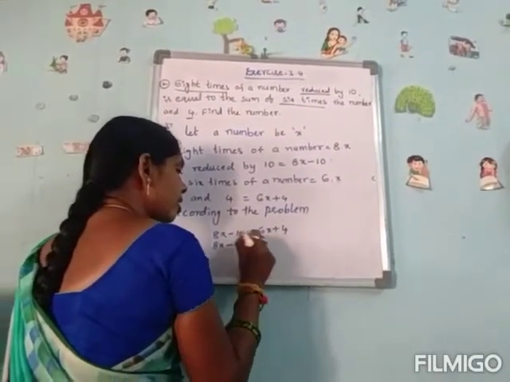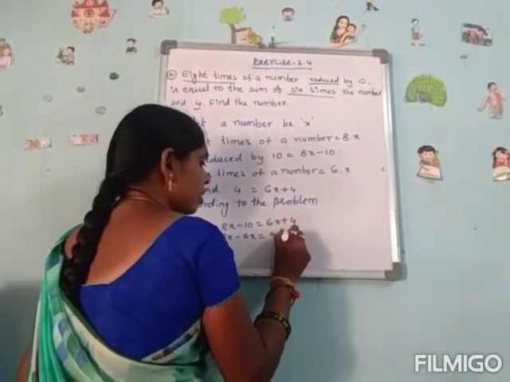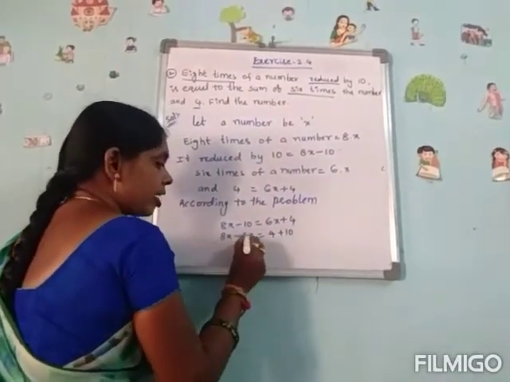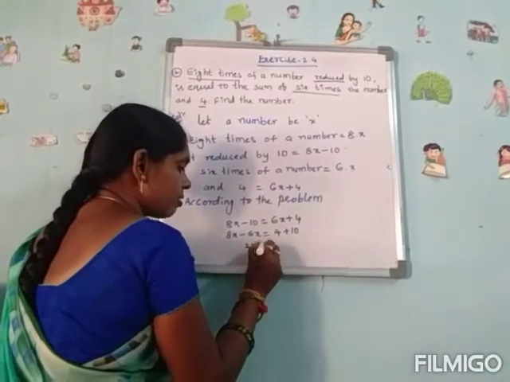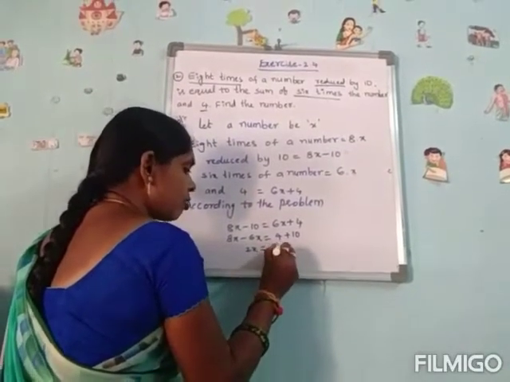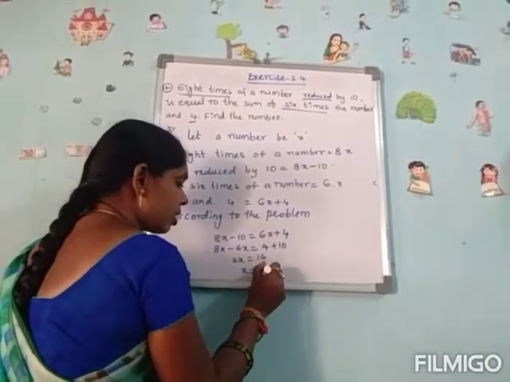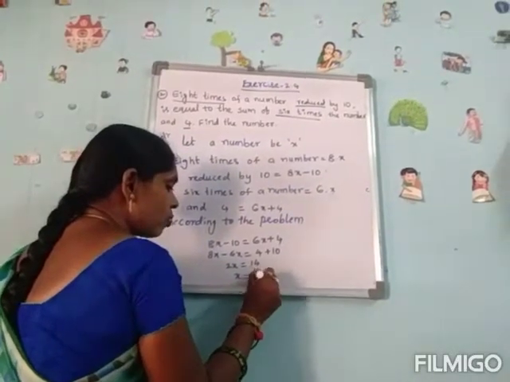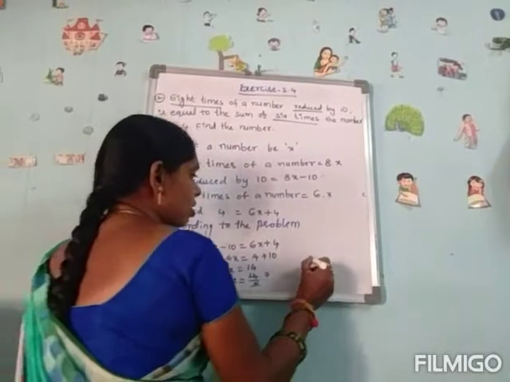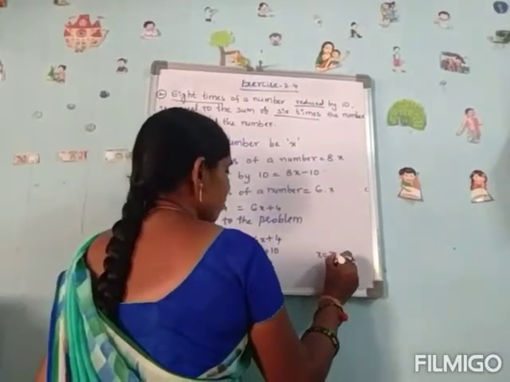Take the constant to the right hand side: minus 10, by transposing, becomes plus 10. So 8x minus 6x is 2x equals 4 plus 10, which is 14. Then x equals, here it is multiplication, by transposing it becomes division, so 2 ones are 2, 2 sevens are 14. At last we got x equals 7.